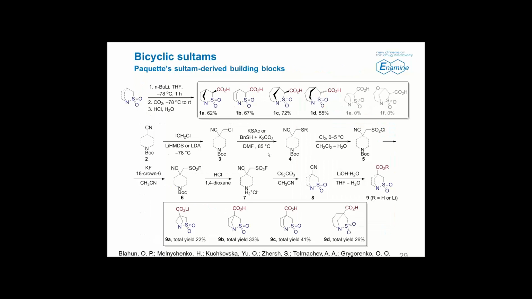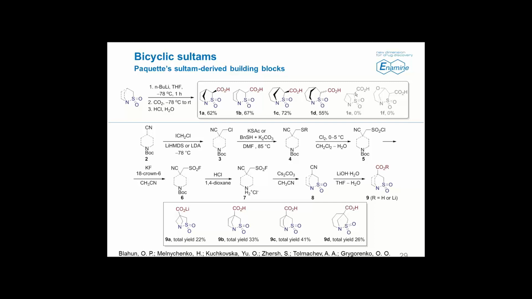Of course, we thought about introducing these Paquette sultam moieties into the corresponding building blocks to obtain some functional compounds. We found that lithiation of these compounds is quite possible, so that a carboxylic function can be introduced very easily at the alpha position to the sulfur atom.